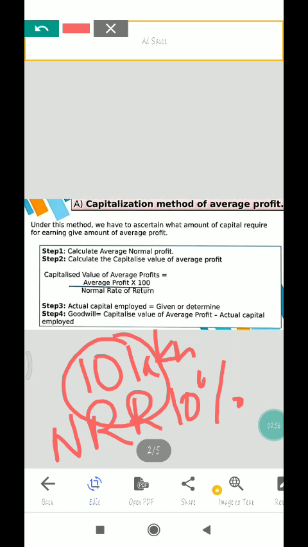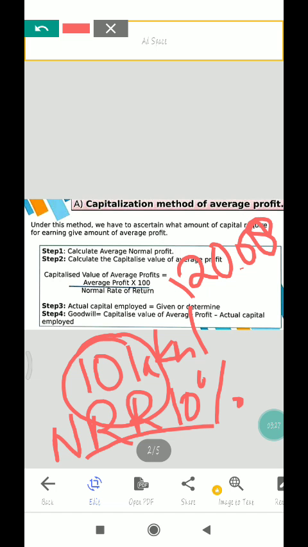It is the profit earned by the business organization on the capital invested in the business. So you start a new business with a capital of rupees 10 lakh, the normal rate of return is 10%, and at the end of the year you will earn a profit of rupees 1,20,000.